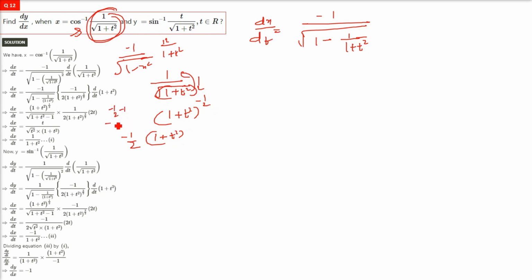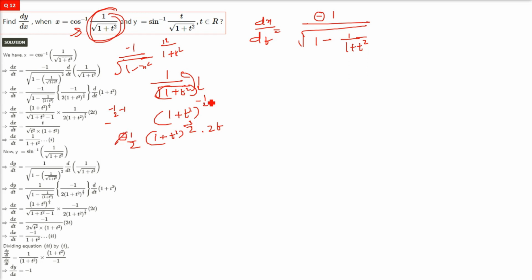So minus half minus 1 is minus 3 by 2. So in this place you can write minus half 1 plus t square to the power minus 3 by 2. Alright. And this minus 3 by 2 will go here. And then differentiation of 1 plus t square will be twice of t. So what will be the final? Please remember, this is the differentiation of 1 by under root 1 plus t square.